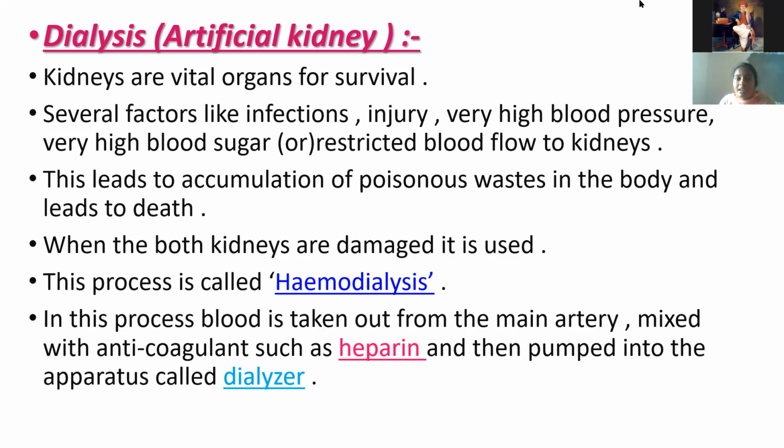When the two kidneys are not working completely, the person's body is filled with extra water and extra nitrogenous waste. Our body swells. That condition is called uremia.